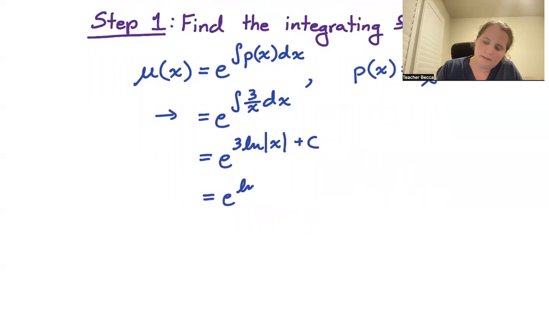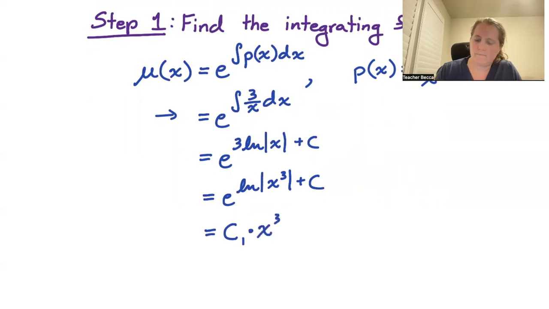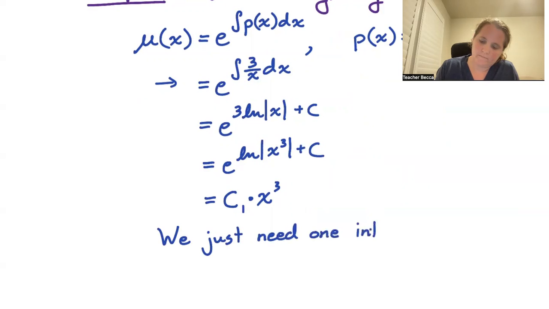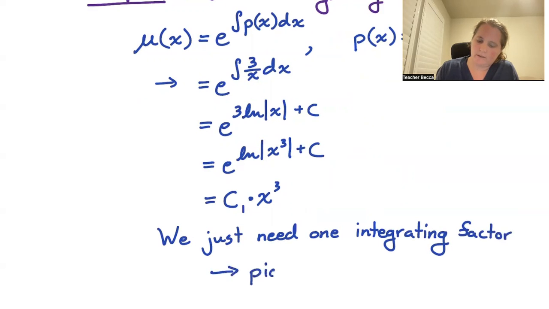This is e to the natural log of the absolute value of x cubed plus c, or c1 times x cubed. So we can pick, we just need one integrating factor. And so we can just pick mu equals x cubed.